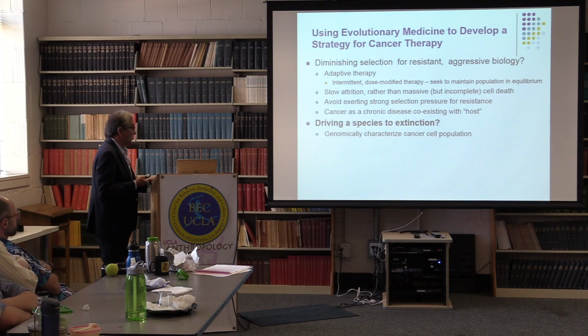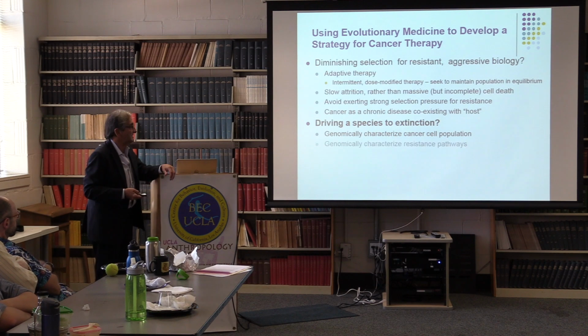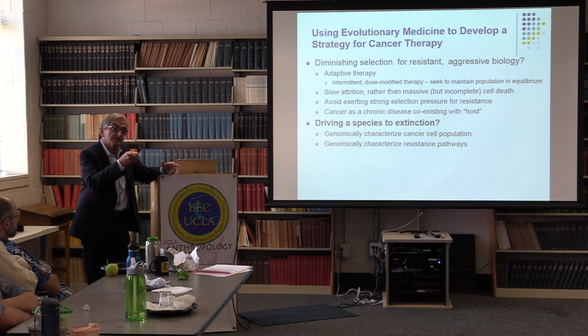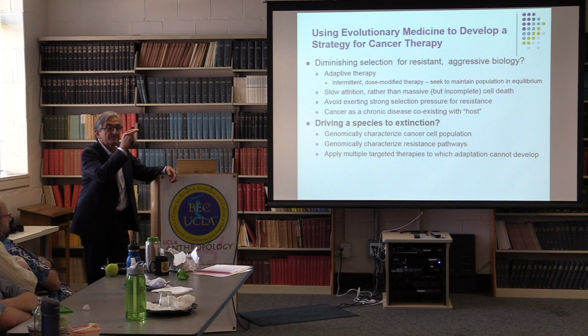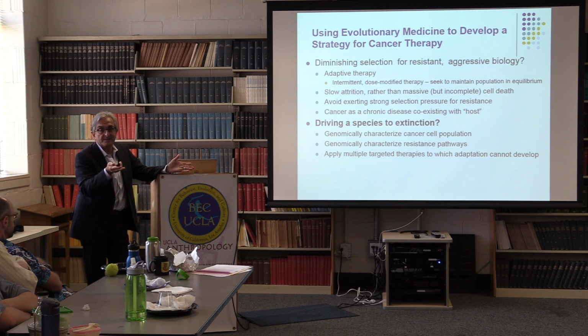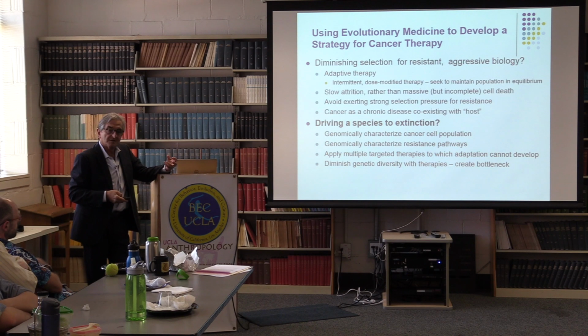To do that, you need to genomically characterize the cancer cell population, characterize the adaptive or resistance pathways, which we are now doing with all that genomic analysis, and then apply multiple therapies that hit the branches, hit the trunk if you've got drugs like that, before adaptation can occur. Create a bottleneck.